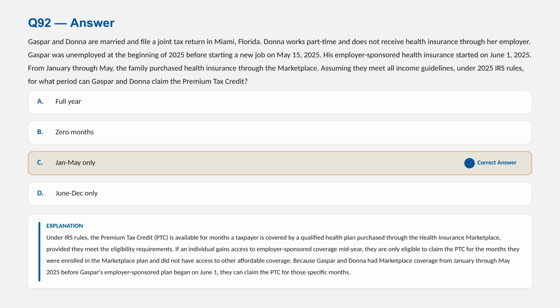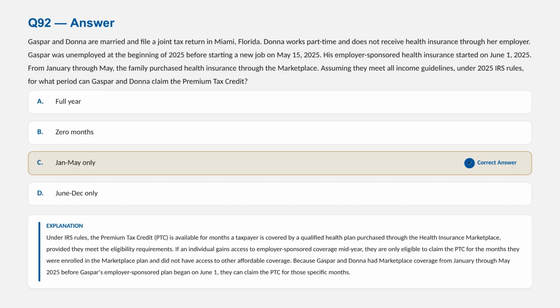January to May only. Under IRS rules, the premium tax credit (PTC) is available for months a taxpayer is covered by a qualified health plan purchased through the health insurance marketplace, provided they meet the eligibility requirements. If an individual gains access to employer sponsored coverage mid year, they are only eligible to claim the PTC for the months they were enrolled in the marketplace plan and did not have access to other affordable coverage.